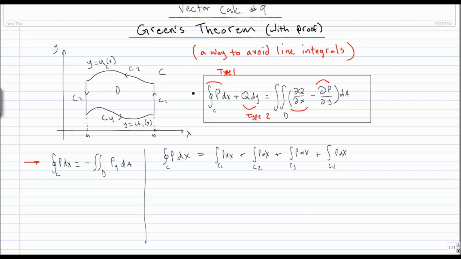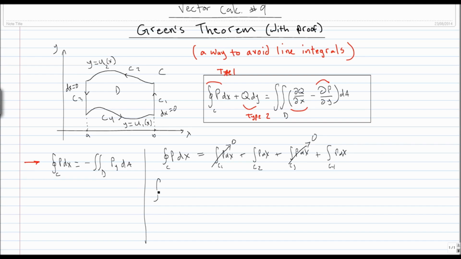Right off the bat you can see that on C1 and C3, x is fixed. x doesn't change on C1 and C3, so on C1 and C3 dx is going to be equal to 0. So you can get rid of those terms.